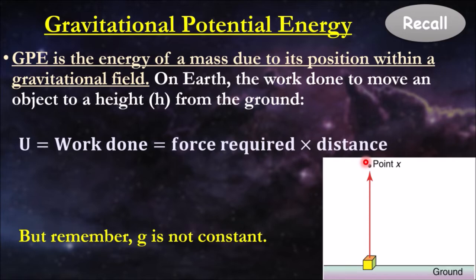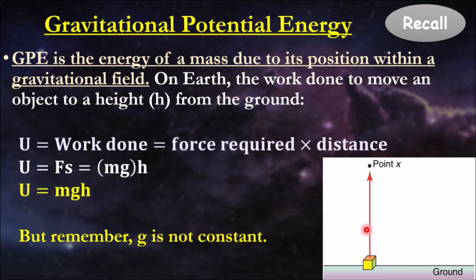Okay. We firstly defined gravitational potential as work being done by gravity. So if we have force times displacement, the force that we're applying is the gravitational or the weight force times the displacement, in this case, the height of the object. And so we get this formula here.